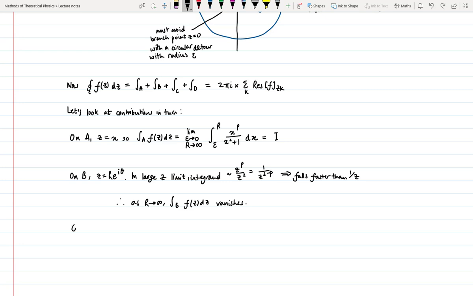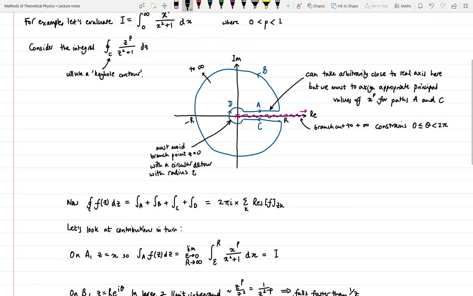Next, let's look at the path C. Going back up to our picture, we see that the path C lies just below the real axis and just below that branch cut that we've used to ensure single-valuedness. Crucially, we have to remember that that's a discontinuity that we cannot cross, and therefore for values of z lying on the path C, we have to ascribe the angle 2 pi instead of 0. This will become clear in a second.